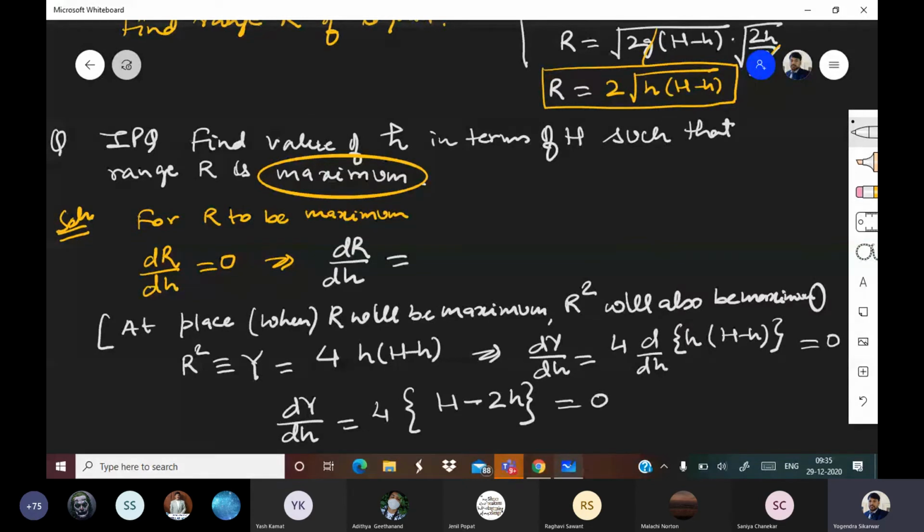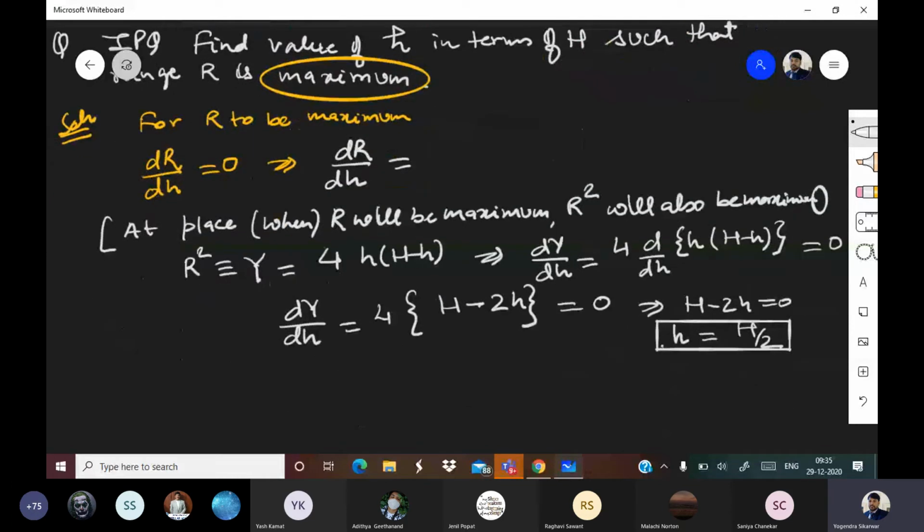and that should be equal to 0, because wherever the quantity is maximum or minimum, its differentiation will be equal to 0. So basically that gives us capital H minus 2h is equal to 0, and that gives us small h is equal to capital H by 2, and that is what we were trying to find. So small h is equal to H by 2.